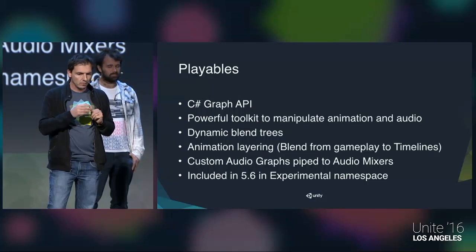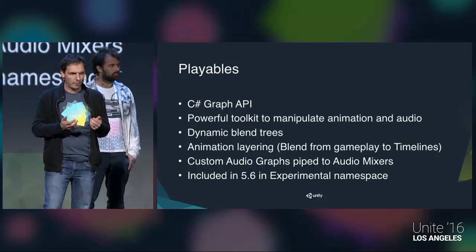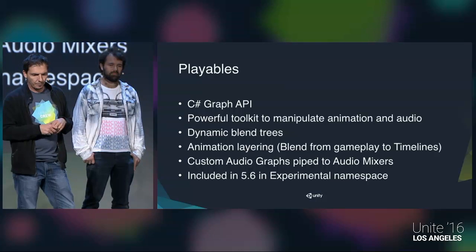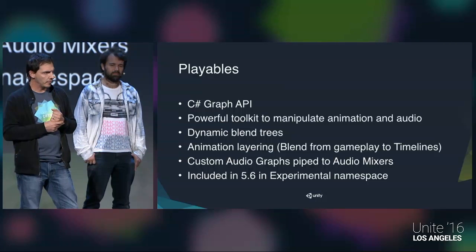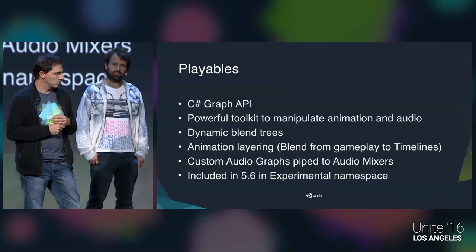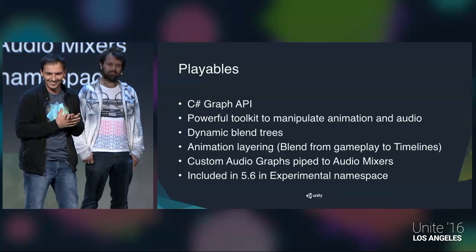You can blend easily from gameplay to timelines, so to do quick time events, that kind of stuff. It's going to ship with 5.6 in the experimental namespace. So that's it. I don't have more information than that.